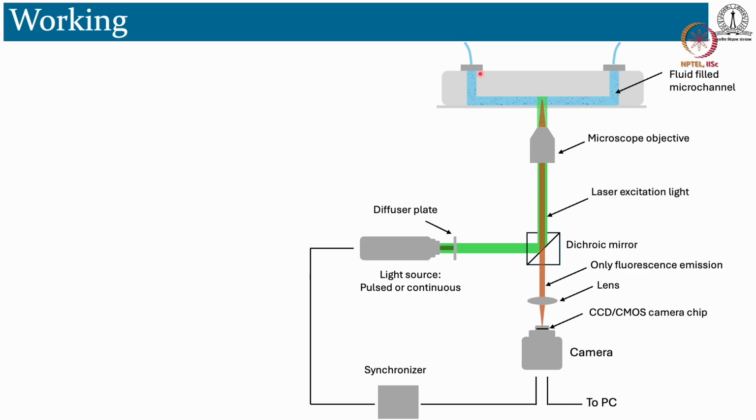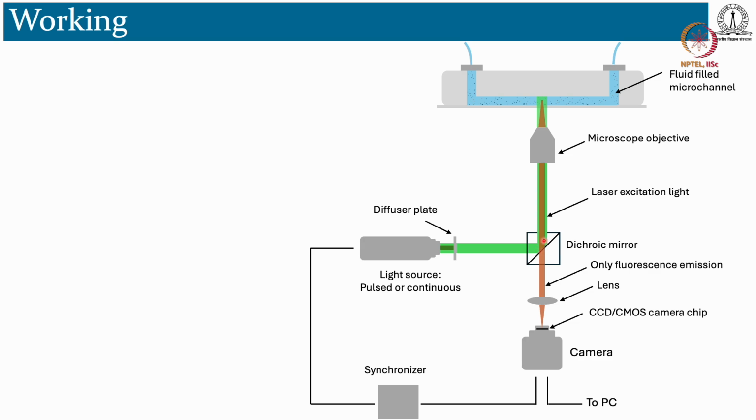You can see this micro channel, this is the inlet, say this is the outlet, and you can see these particles also, and these particles are basically fluorescent particles. Now when this green light falls on the fluorescent particles, it emits back the fluorescent signature, say the red light. So this red light is again emitted through this system, and it again comes back to this mirror.